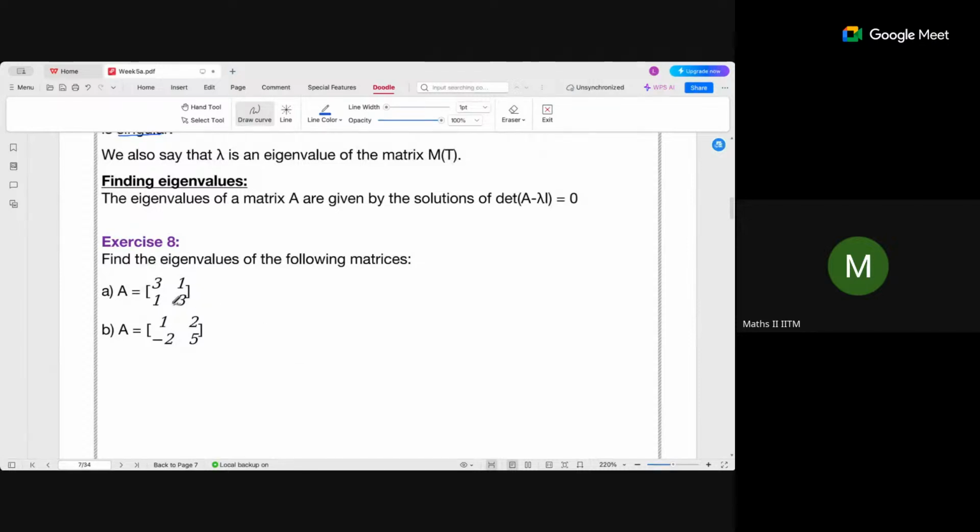For example, consider this matrix. What is A minus lambda I? It is the matrix 3 minus lambda, 1, 1, 3 minus lambda. Now what is the determinant of A minus lambda I?